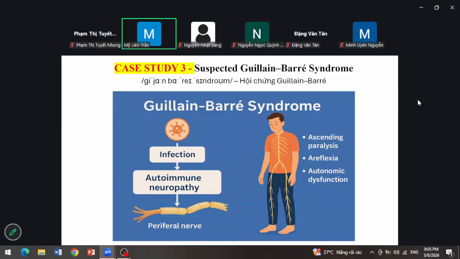Test study 3. Suspected Guillain-Barré syndrome.